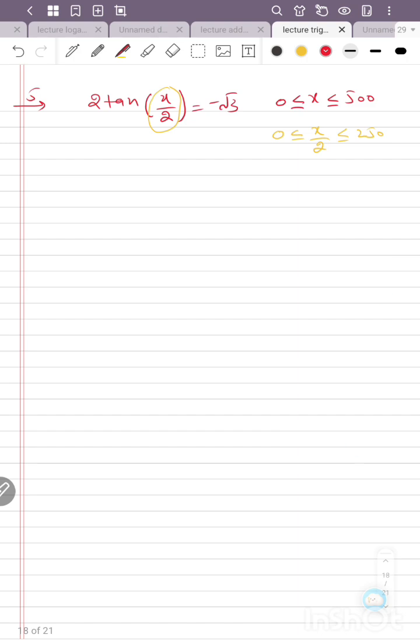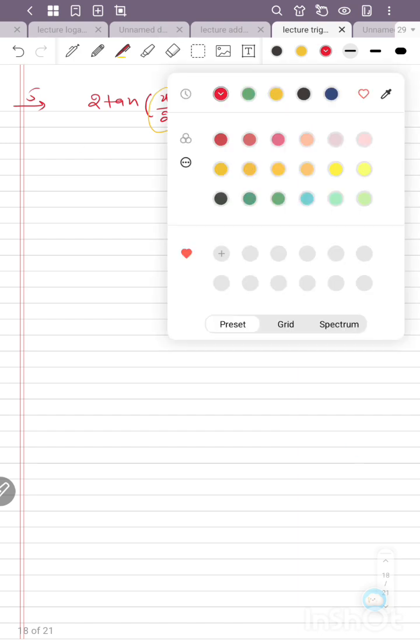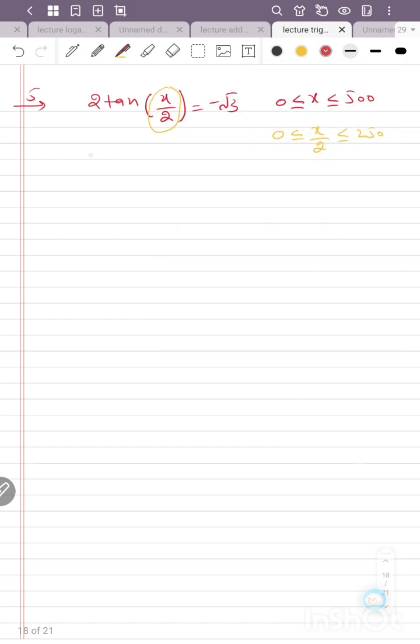Now we have to solve our question. Here tan of x by 2 equals minus square root 3 by 2. Here alpha is the inverse tan of square root 3 by 2, and we get the answer 0.89.